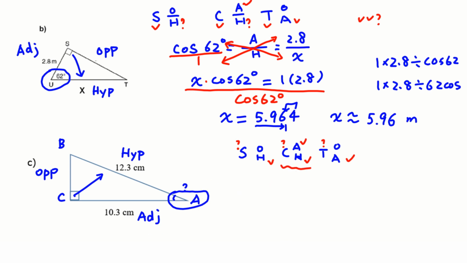So we are going to use this one, cosine angle A equals adjacent over hypotenuse equals 10.3 over 12.3.